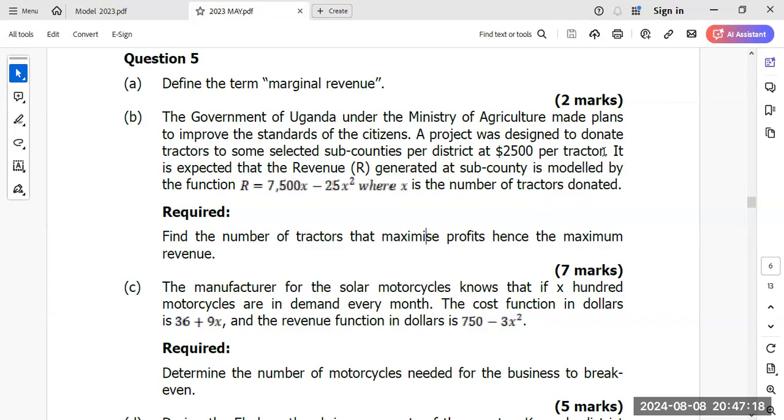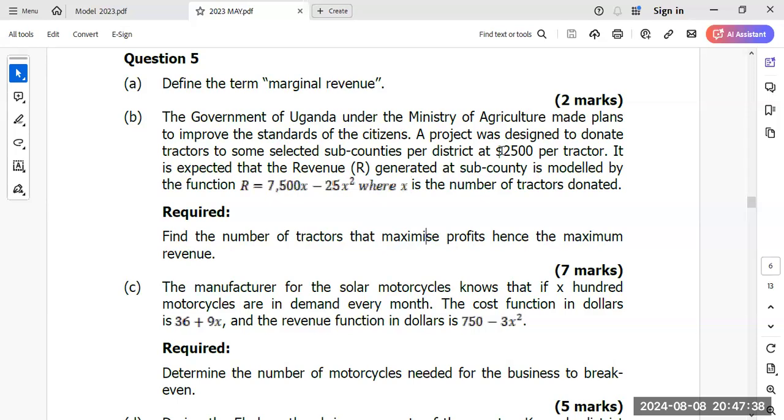So if you want total cost, what are you going to do? Remember, they told you that your number of tractors is given as X.